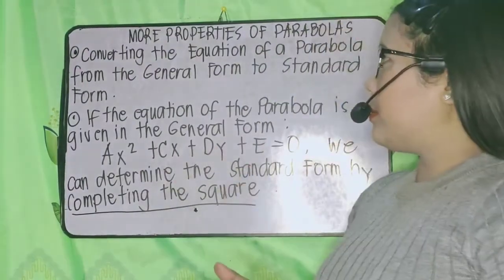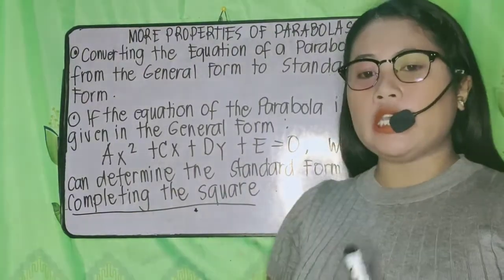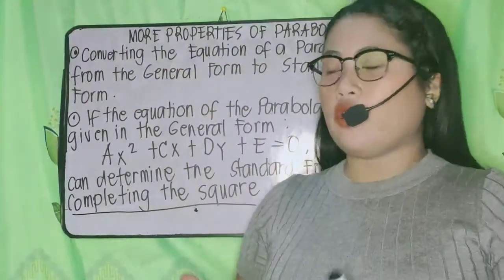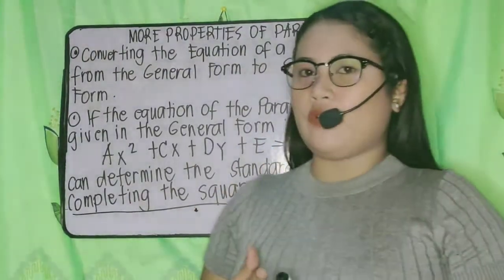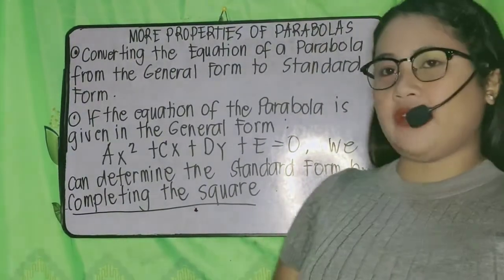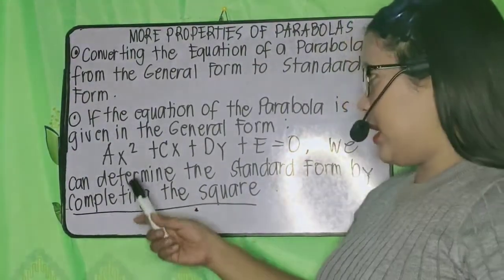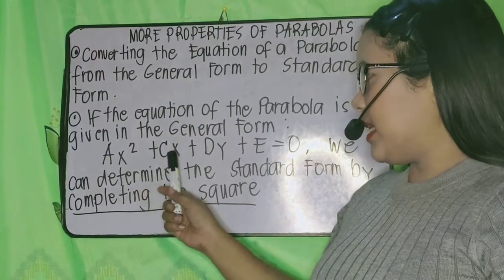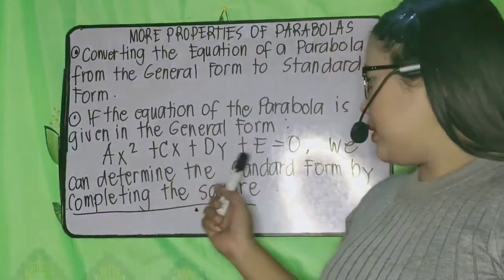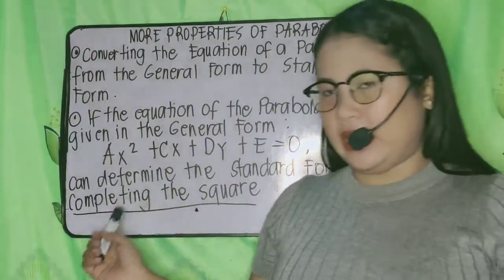Okay? So we have here converting the equation of a parabola from the general form into standard form. If the equation of a parabola is given in the general form, which is ax squared plus cx plus dy plus e equals 0, we can determine the standard form by completing the square.